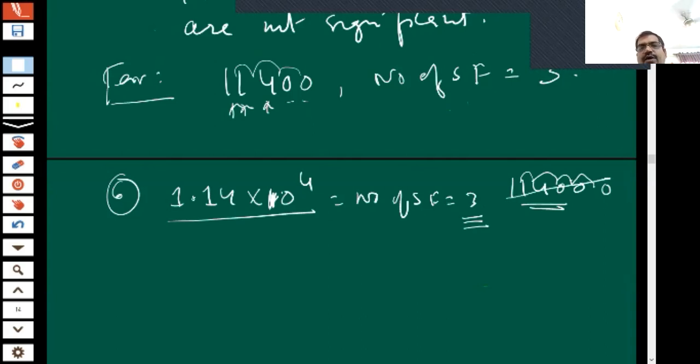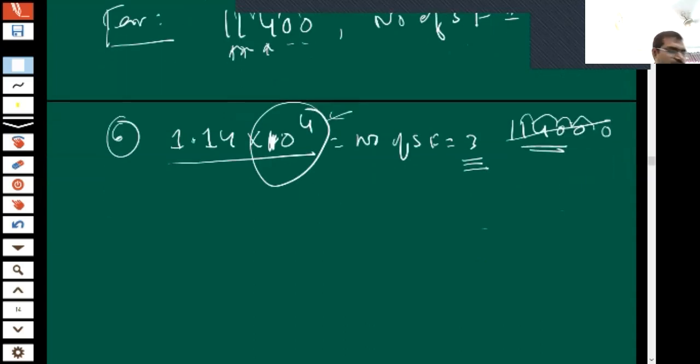That's why we are telling that if zeros are at the end but not to the right-hand side of the decimal, we don't have much clarity. If it is in power form, it cannot be calculated as significant figures.